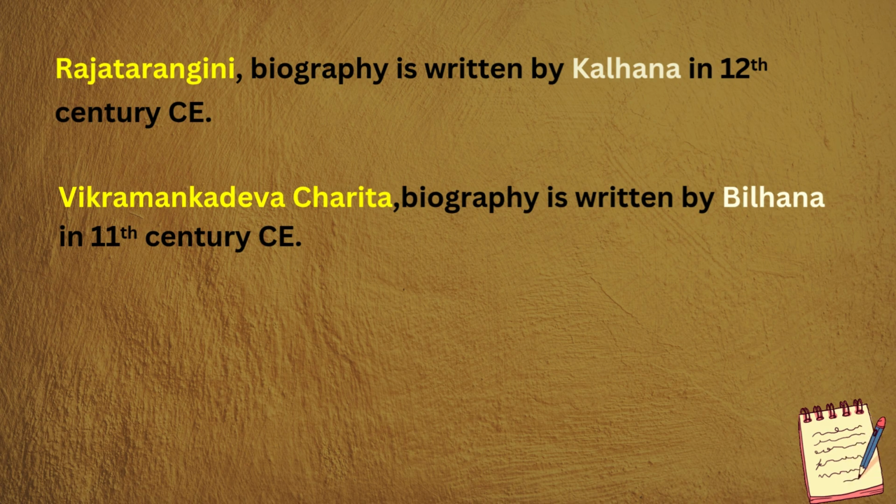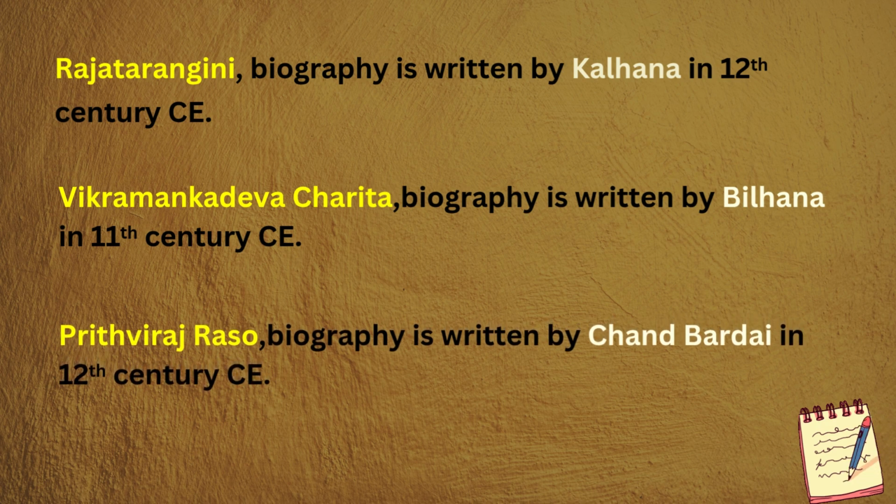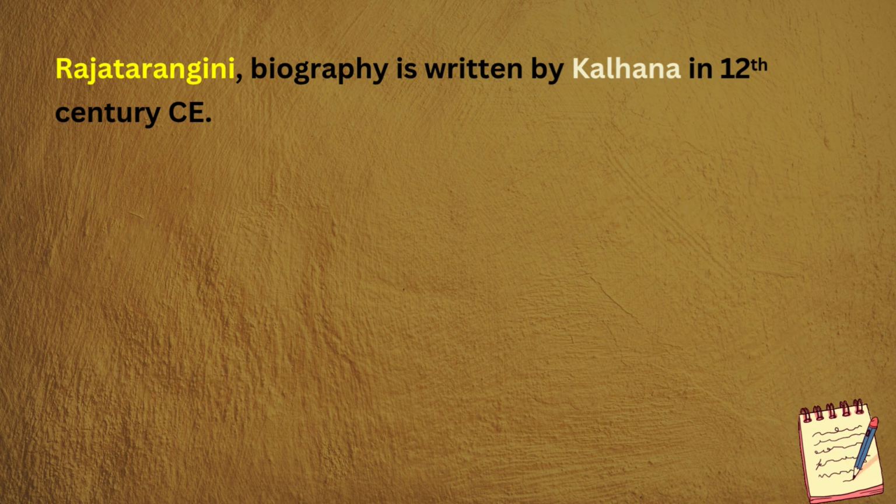It describes the achievements of the king Atirajendra Chola. Prithviraj Raso was composed by Chand Bardai in the 12th century CE. It is the account of the life of the famous Rajput ruler Prithviraj Chauhan.